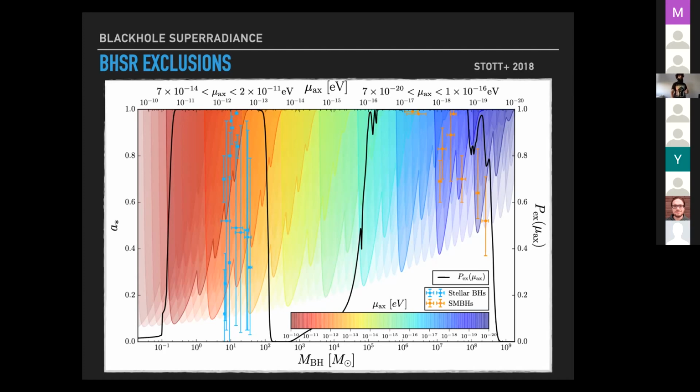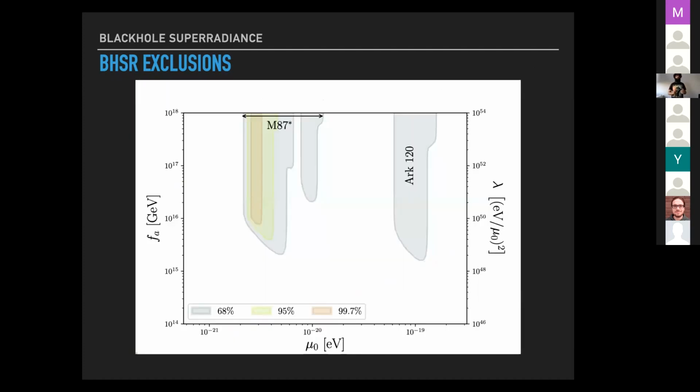And the last one comes from, as I mentioned, Messier 87. This is a small window, somewhere between 10 to the minus 20 and minus 21. When we apply these limits to our data, just to note for when you see the exclusion plot, which we'll see again at the end, we use the 95% confidence levels for all of these black holes.